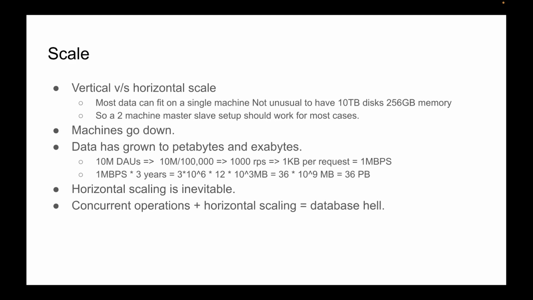Now imagine I have to do concurrent operations on a horizontal scale, which means that the lock I was previously obtaining to maintain integrity, I now have to obtain not over just one record on one machine, but on multiple copies of that record on multiple machines.